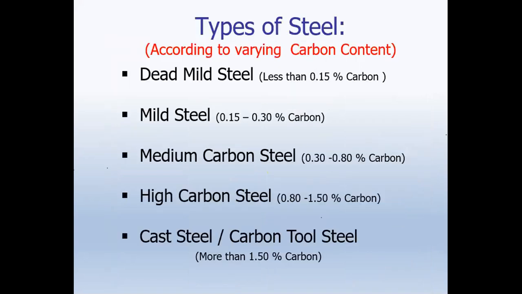So again, if we go now to the subgroup of steel, we may have a range of steel types depending on the amount of carbon. So one, we have the so-called dead mild steel. Dead mild steel is the one with carbon content not exceeding 0.15%.